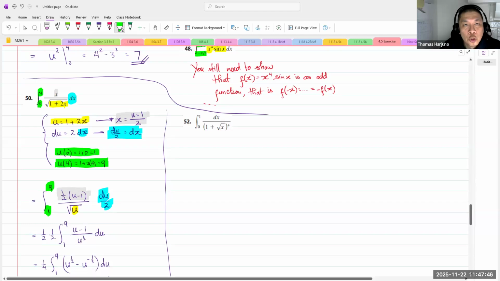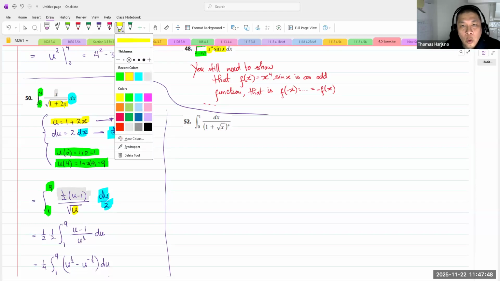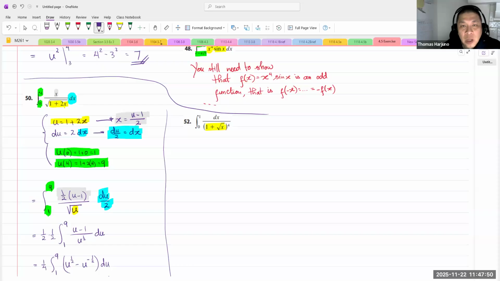Okay, number 52. I will use u equals 1 plus square root of x. I think this question will require some strange manipulation. So this is u equals 1 plus x to the 1/2, du equals 1/2 x to the -1/2 dx.